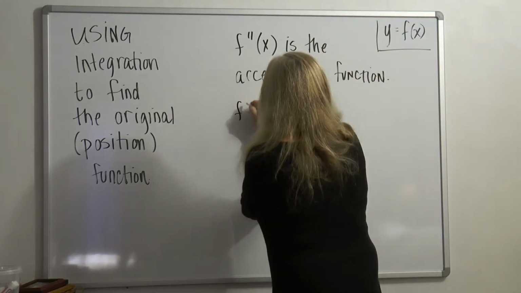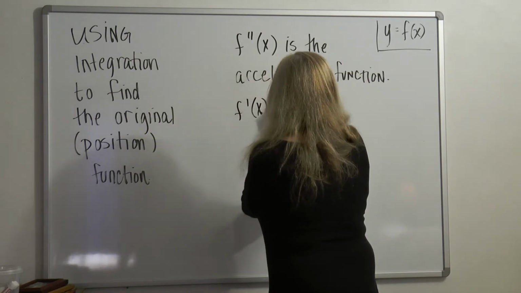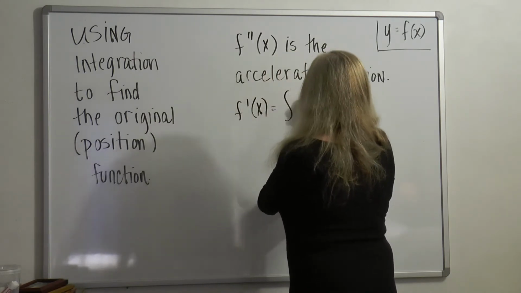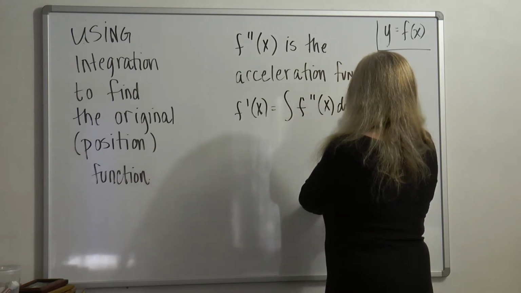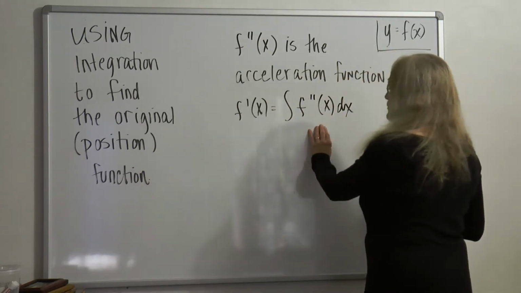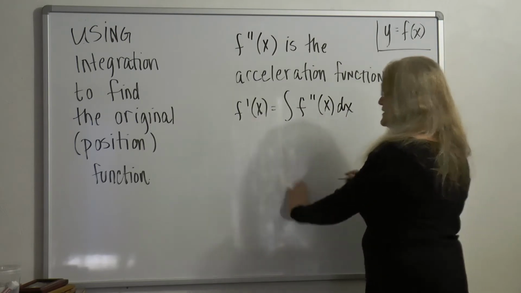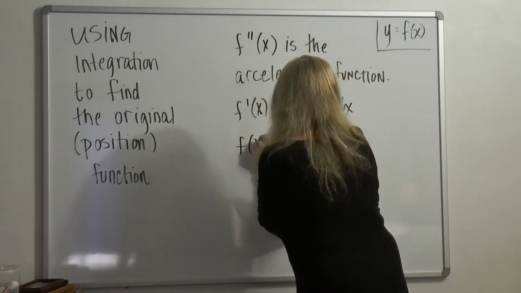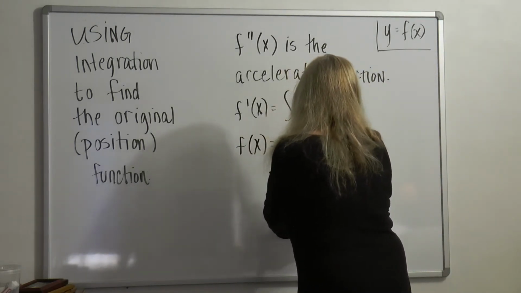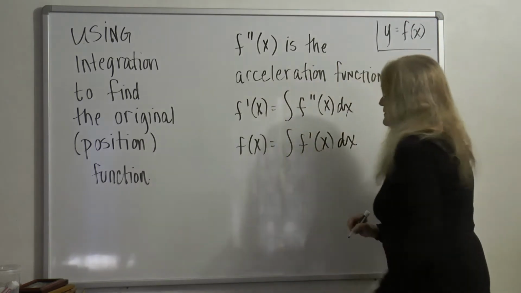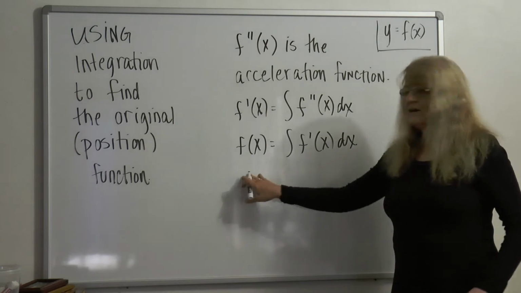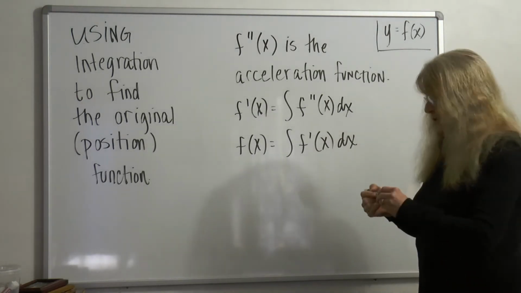If I want to find f prime of x, I just integrate f double prime of x. Okay, so the integral of acceleration gives me velocity, and then the integration, like I've written before, of my velocity function gives me my position function.